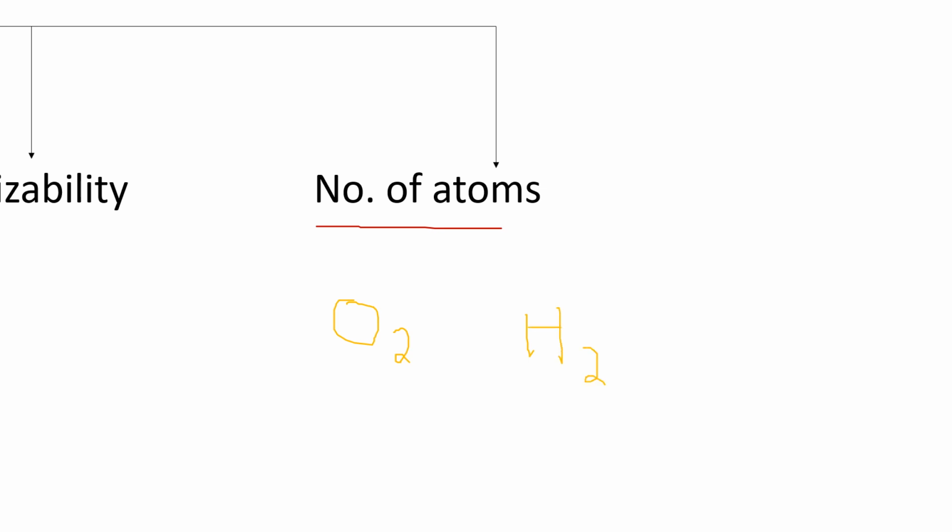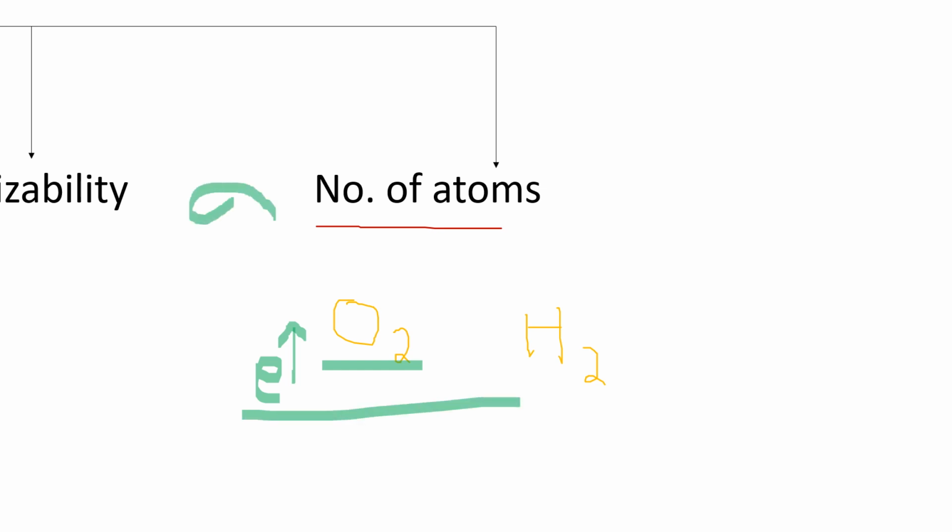Now tell me, which one has more polarizability? There is more polarizability in O2. Why? Because it has a larger number of electrons. That's why there is more polarizability. Now here another thing. Polarizability is also directly proportional to the number of atoms.